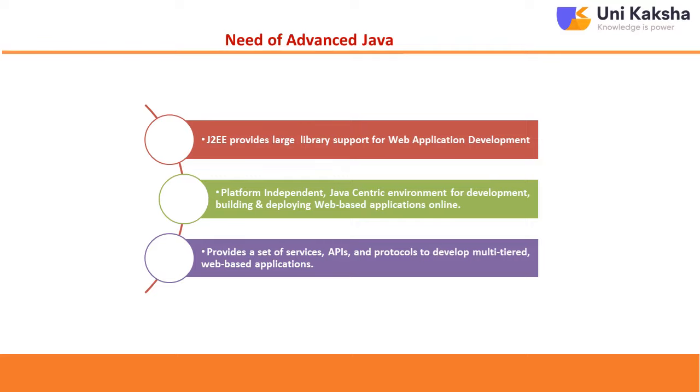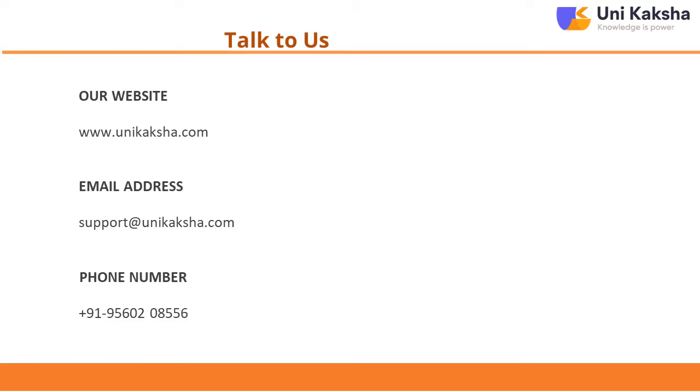It provides a set of services, APIs and protocols to develop multi-tiered web based applications. So this was all about the basic concepts of advanced Java. If you want to know more about how to work with advanced Java, then stay tuned with us for upcoming videos on JDBC and servlets.